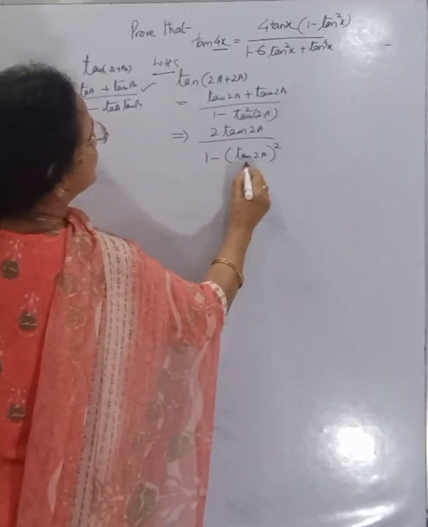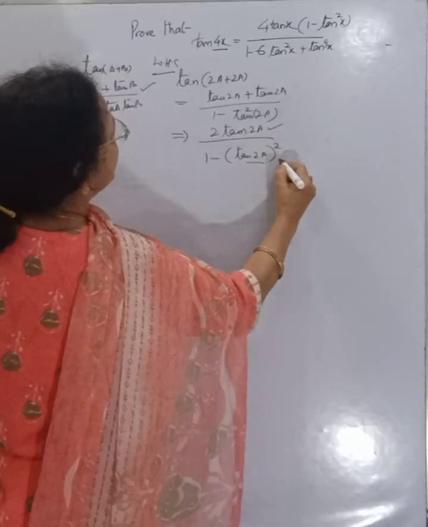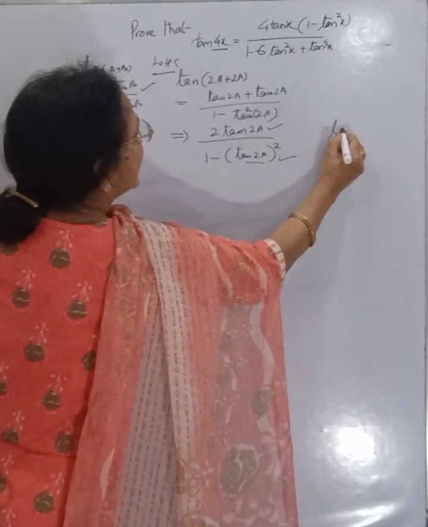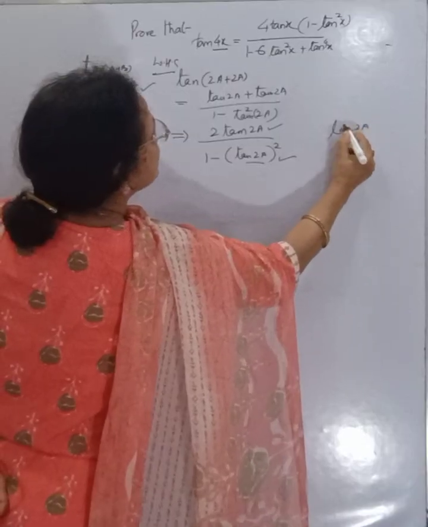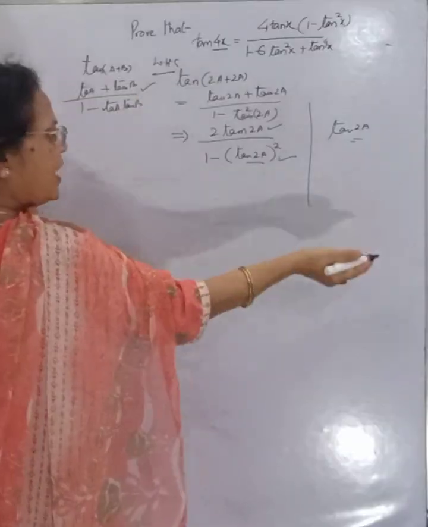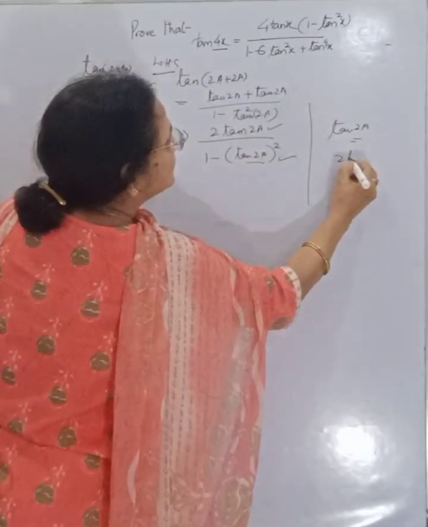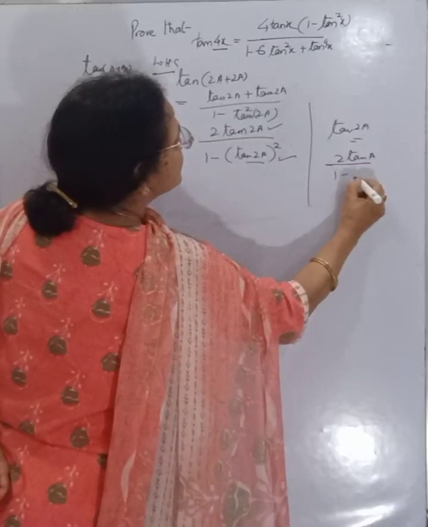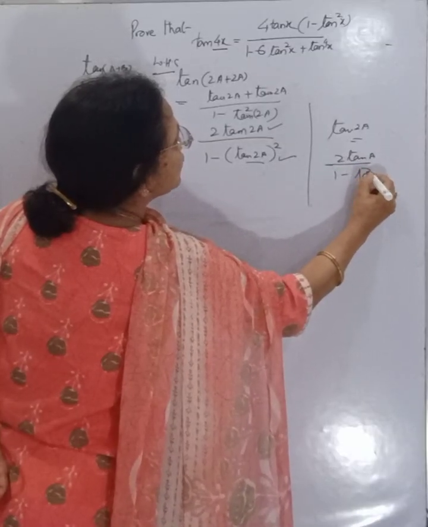In this case, further we will use that tan 2a can be written as tan of a plus tan of a, which means 2 tan a upon 1 minus tan square a.